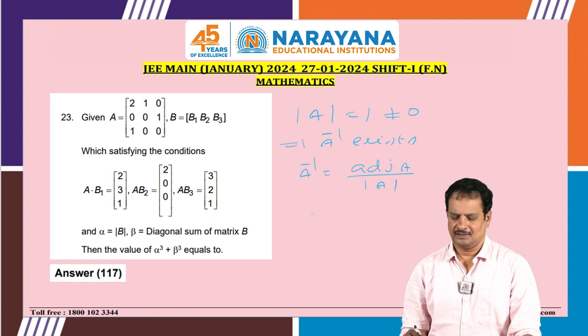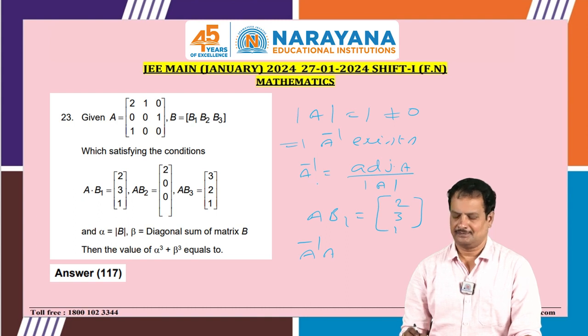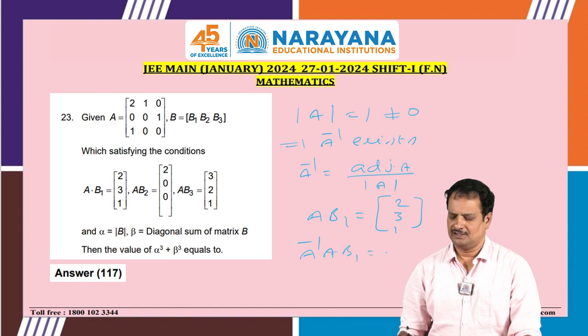Once you get A inverse, now you can take this one. A into B1 equal to some column matrix, that was 2, 3, 1. Now you pre-multiply with A inverse. Then A inverse into A into B1 is equal to A inverse into this column matrix 2, 3, 1.